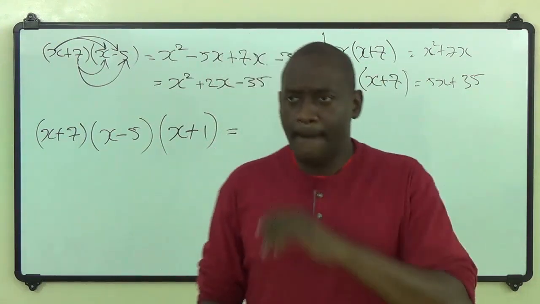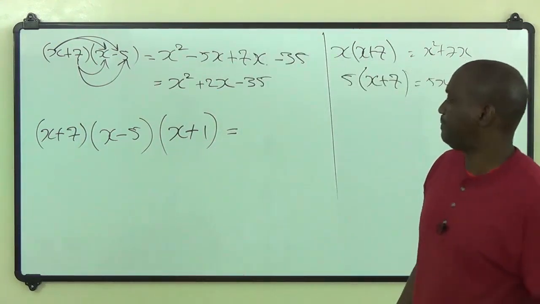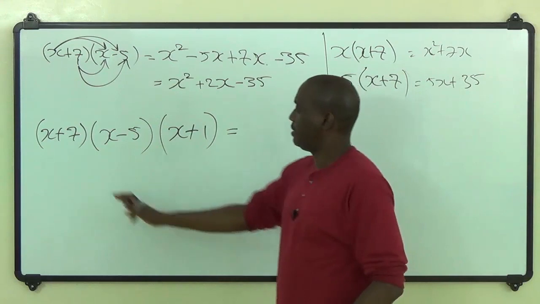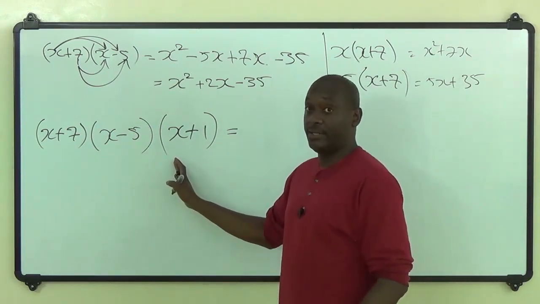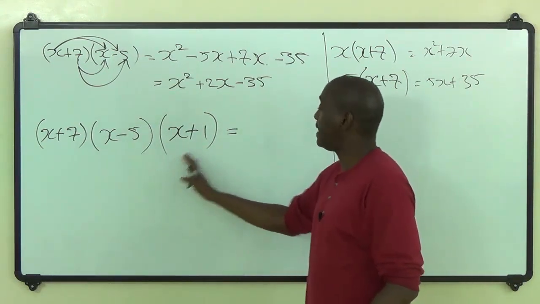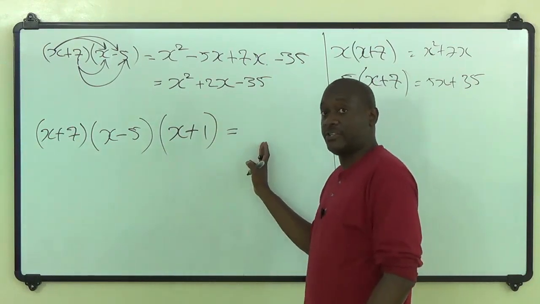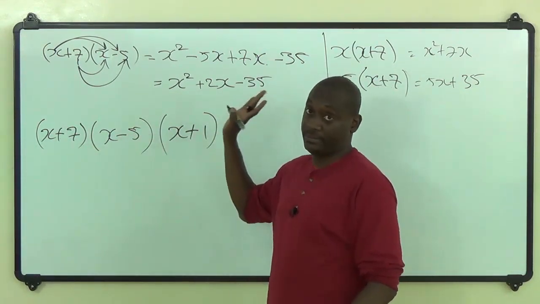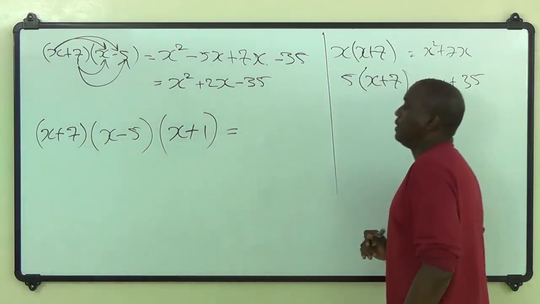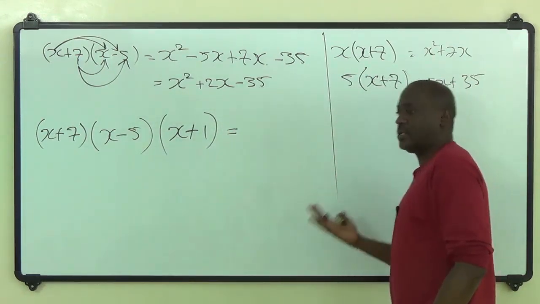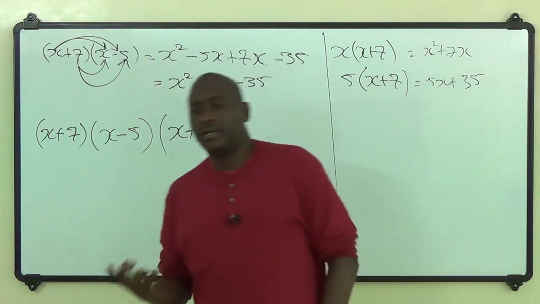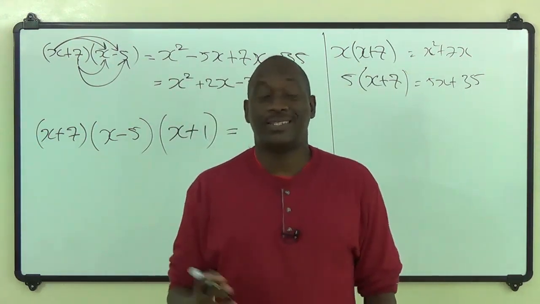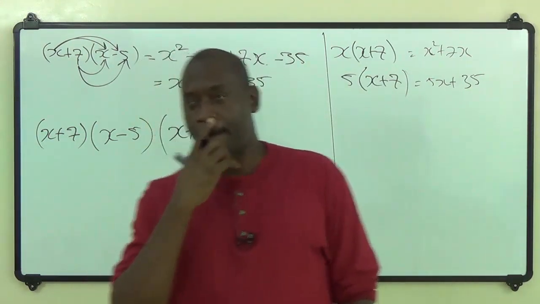So in other words, if you multiply 3 linear polynomials, the answer would be a polynomial of degree 3. Degree 1 plus degree 1 plus degree 1. Alright? And it goes for any other combination of powers that you could care to think of.